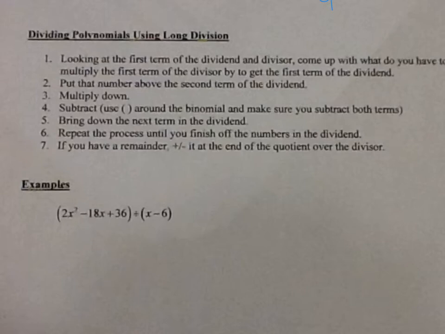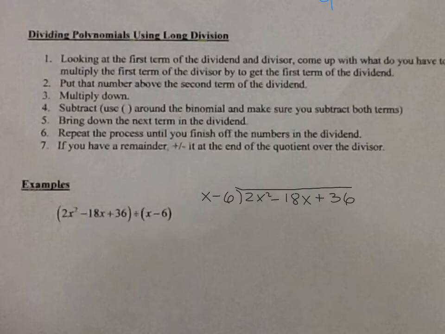So I have here x minus 6 is my divisor. And I'm dividing that into 2x squared minus 18x plus 36.